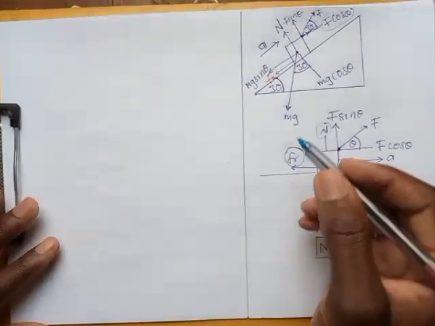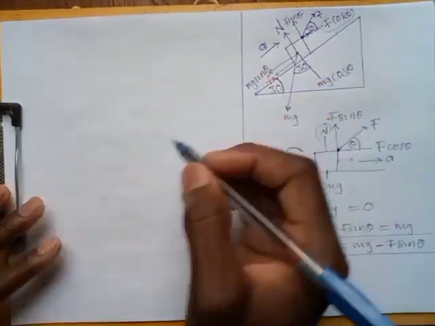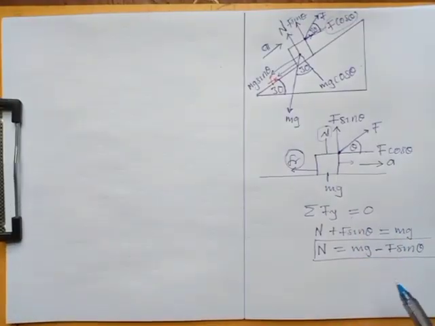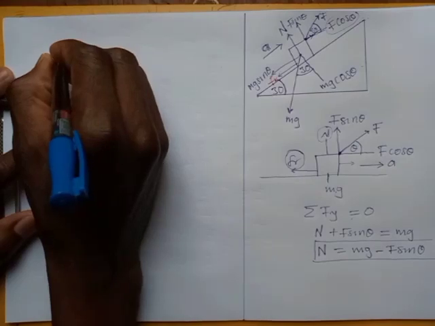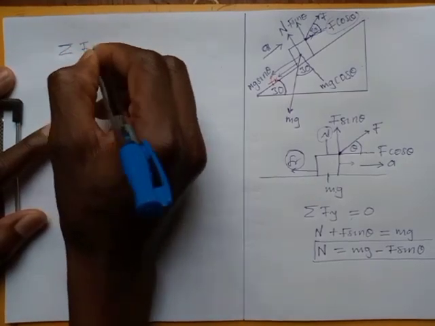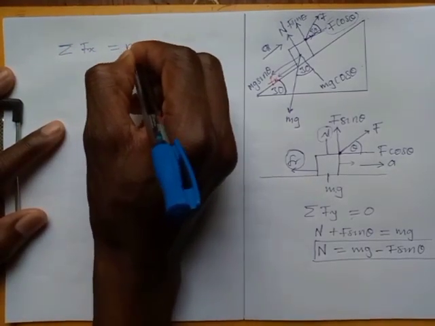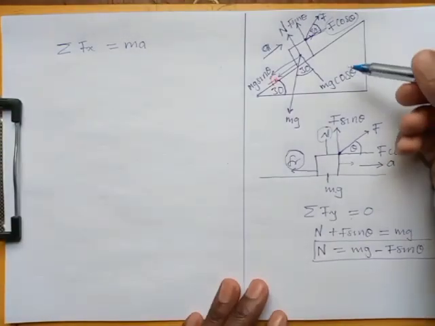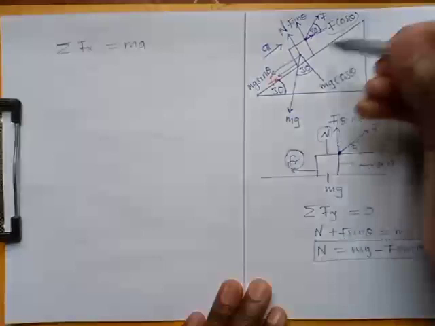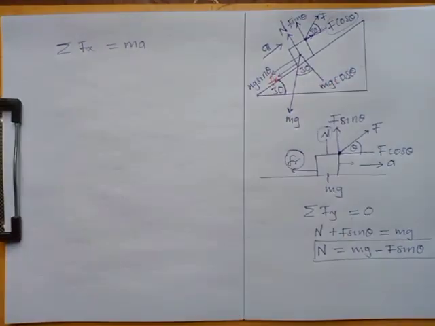I've already said the summation of forces in the y-axis must be equal to 0. Now the summation of forces in the x-axis has to be equal to ma because the object is moving in the direction of this same incline.